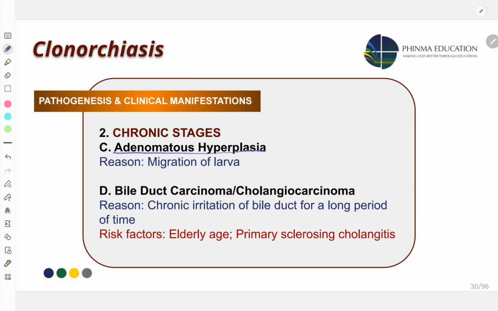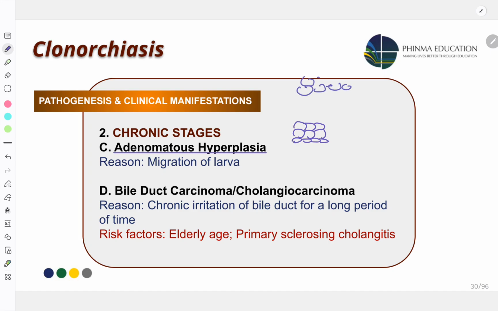So all in all, eventually that constant hyperplasia, the constant production of additional cells to compensate for the damage caused by Clonorchis, will become adenomatous. Instead of normal cells, abnormal cells will eventually be produced.